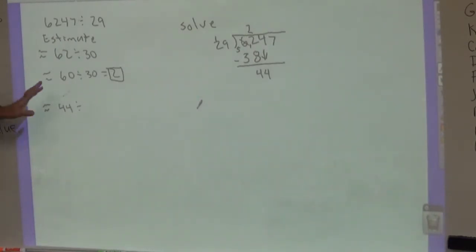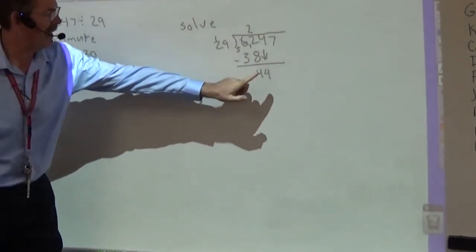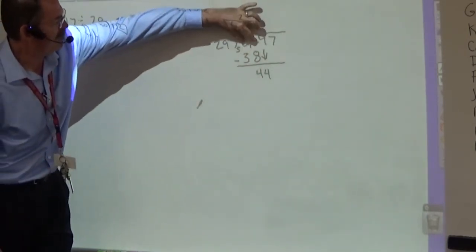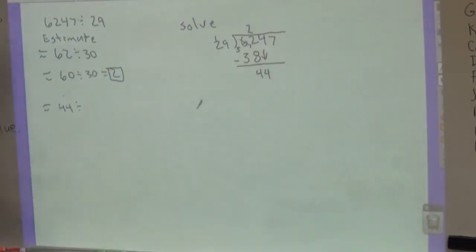We are finding how many groups of 29, the divisor, we can make out of this first one. Then we get a remainder. This is our first remainder, and that's called the successive. The successive means the one after.